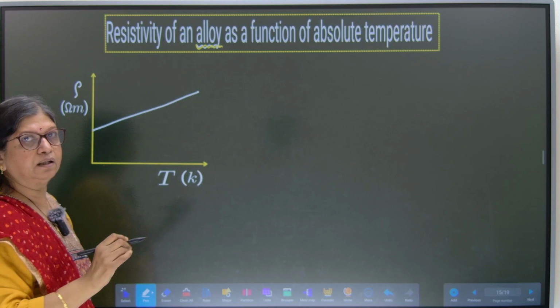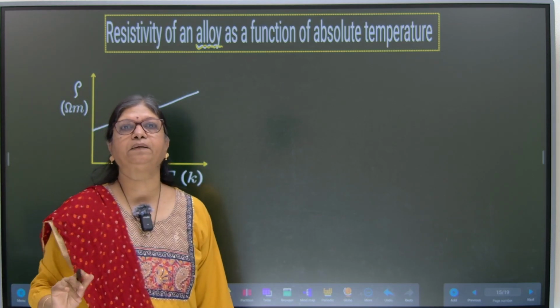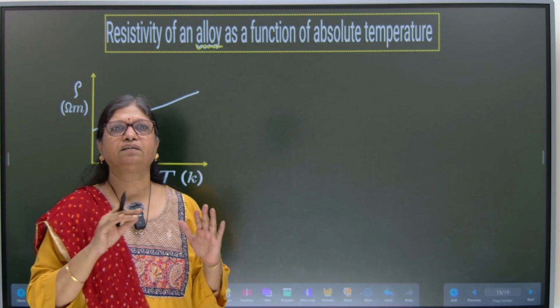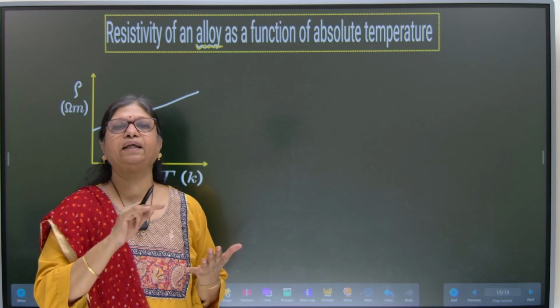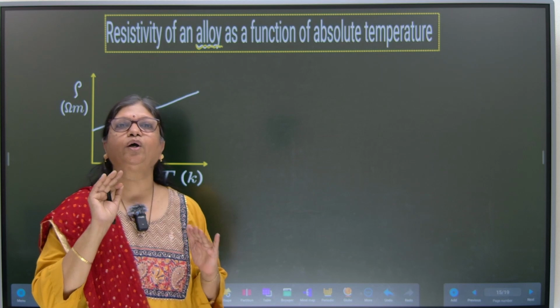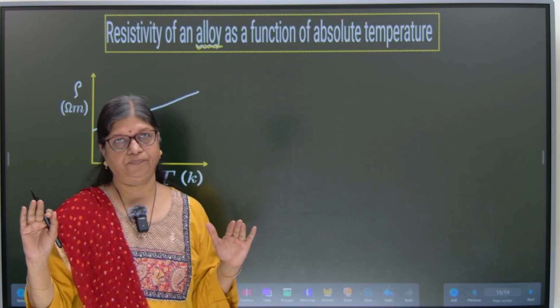resistivity and the temperature dependence is not very high. That means the temperature increases and resistivity increases, but not to a greater extent.